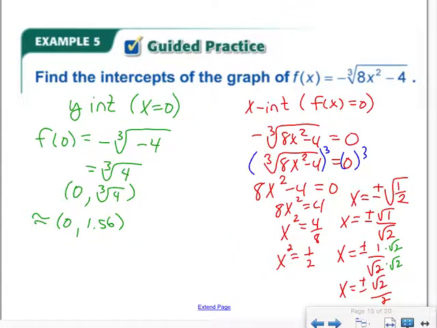Let's fix that. So the square root of 2 over 2, 0. Negative square root of 2 over 2, 0. Sorry about that. There you go. So if you were to graph that, that would be the point 0.7, comma 0, and negative 0.7, comma 0. So those would be your points where you hit the x-axis.